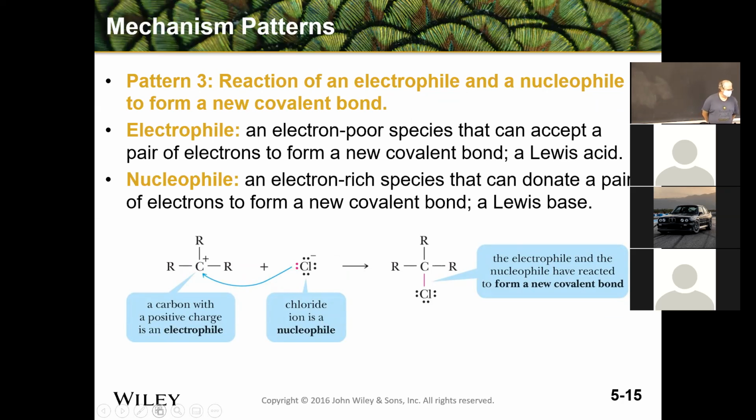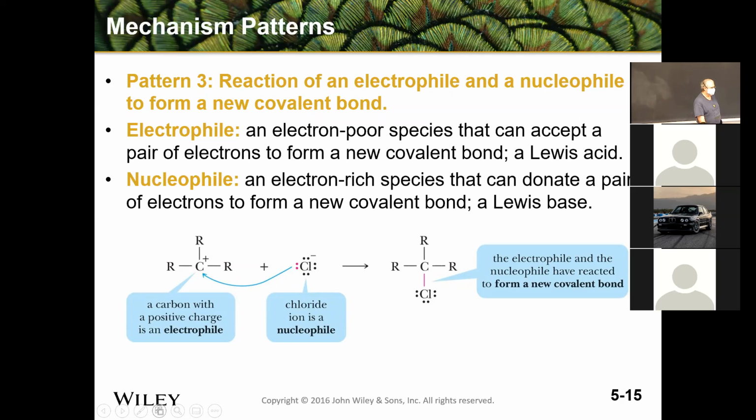A Lewis base is an electron pair donor, also called a nucleophile. Phile means love, so an electrophile is something that is seeking electrons, so it's electron deficient. A nucleophile is a species that's seeking a nucleus, a plus charge, so it has an excess of negative charge.